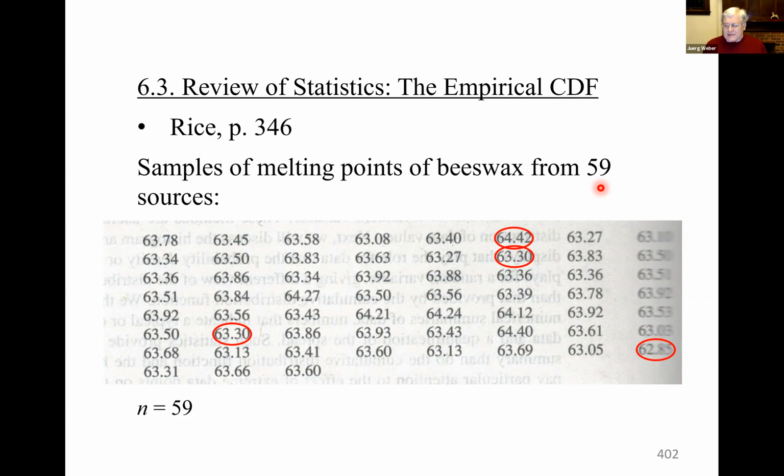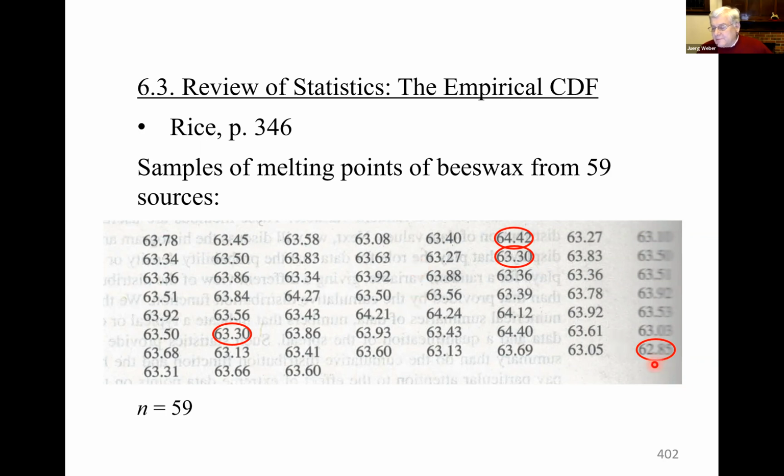The aim of the samples is to find out whether that beeswax is good or whether a beeswax is really far out, and maybe the producer of the honey is fraudulent and has put some cheap stuff into that beeswax. So from 59 sources, they have sampled the beeswax and then they measured the melting points.